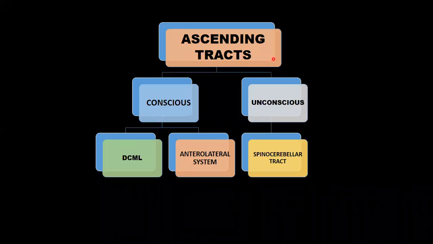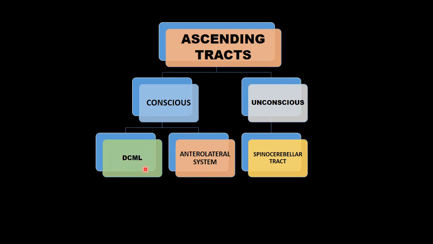Moving forward, what are the ascending tracts? We divide the ascending tracts into two parts, conscious and unconscious. The conscious tracts usually comprise the dorsal column medial lemniscus and the anterolateral system.